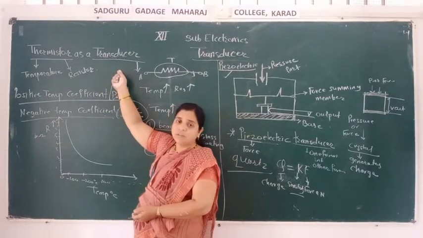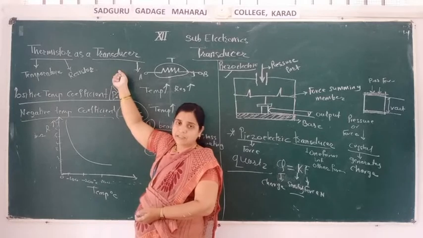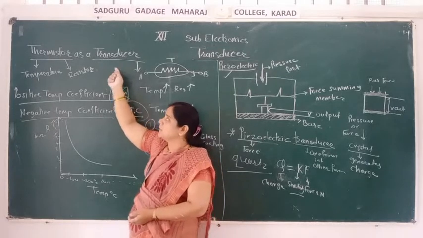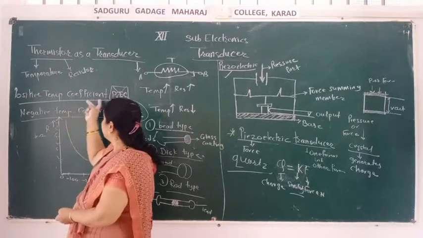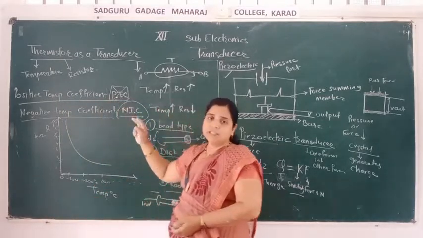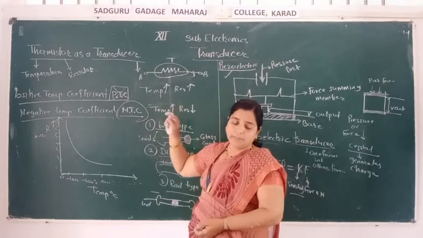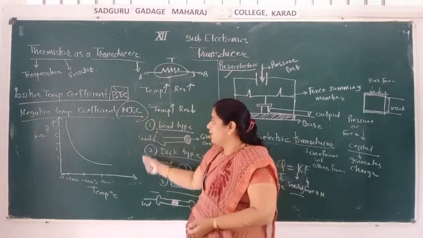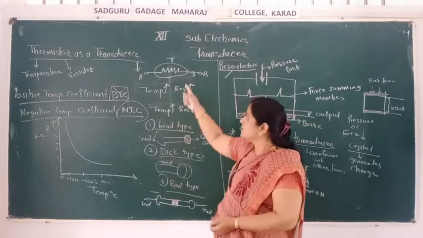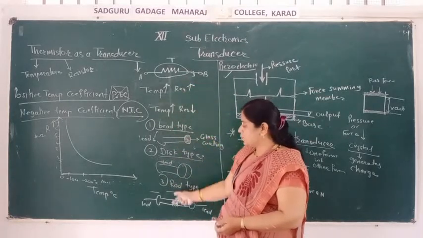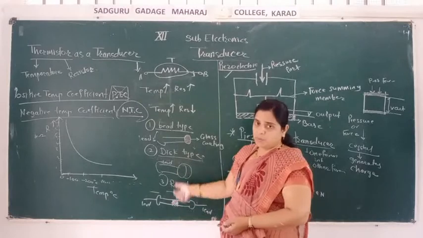First you have to explain the definition of transducer, then the thermistor, then the two types of thermistor, PTC and NTC, the conditions, what happens in PTC, what happens in NTC. Then you have to write the three types of thermistors, the symbol for the thermistor, and the three types of thermistors and their symbols.